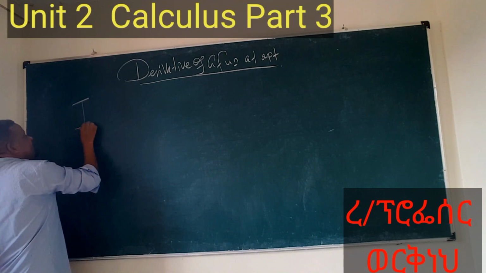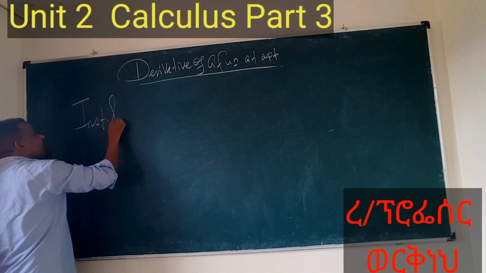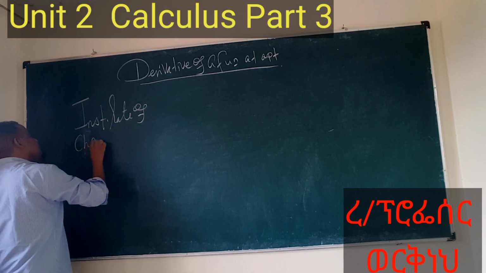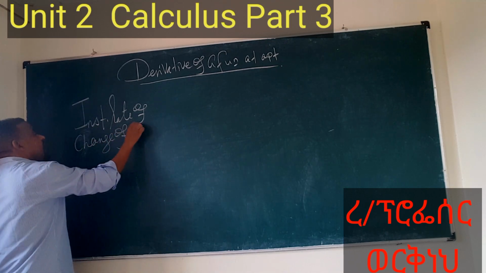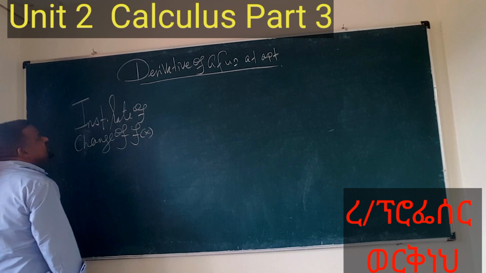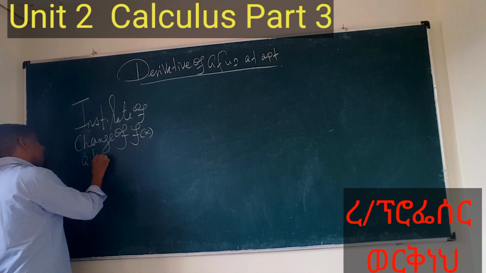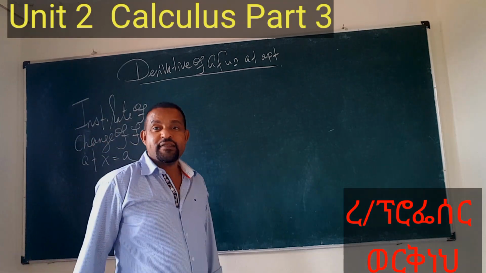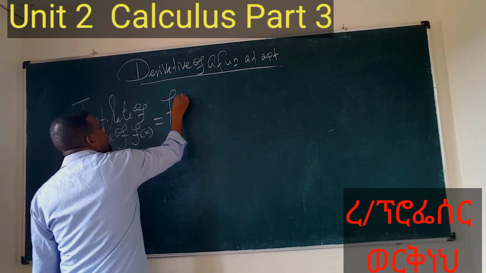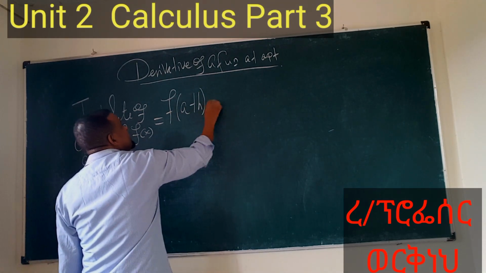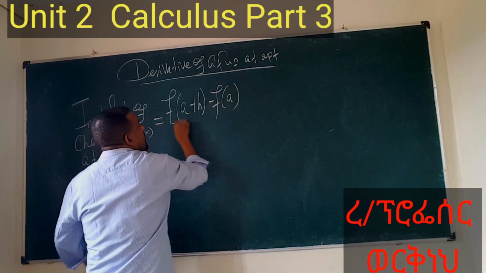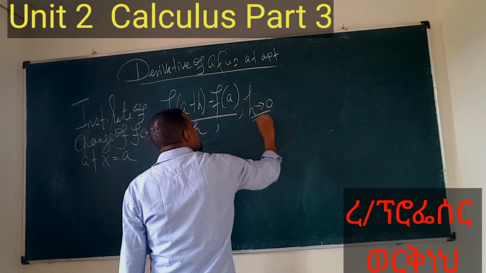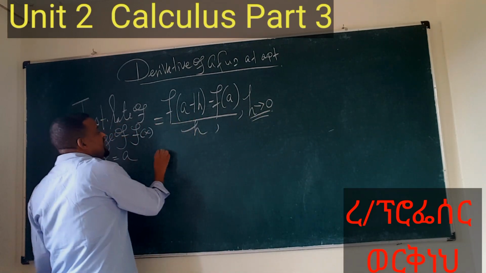The instantaneous rate of change of the function f of x at a point x equal to a is given by f of a plus h minus f of a over h, where h is approaching 0.